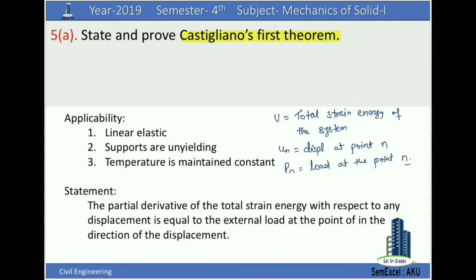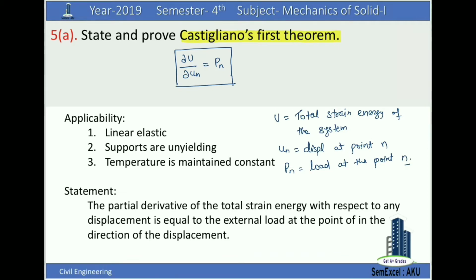So, as per Castigliano's first theorem, the first partial derivative of total strain energy with respect to displacement is equal to load at point n in the direction of un. Right? So this is our Castigliano's first theorem.